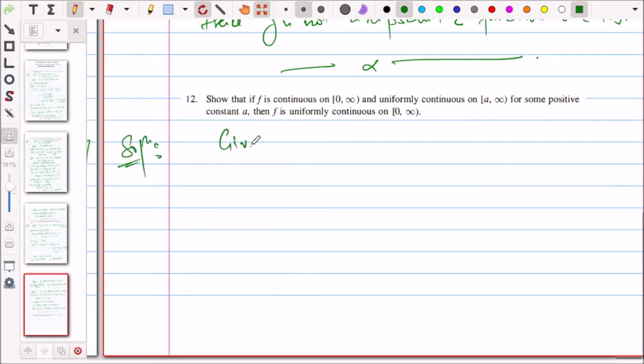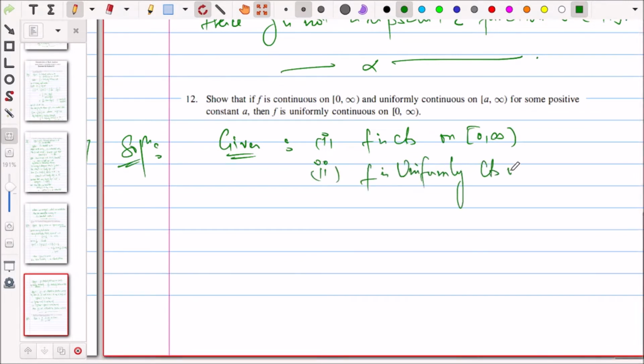So we are given, first, f is continuous on [0, infinity). Second, f is uniformly continuous on [a, infinity), and a is greater than 0.